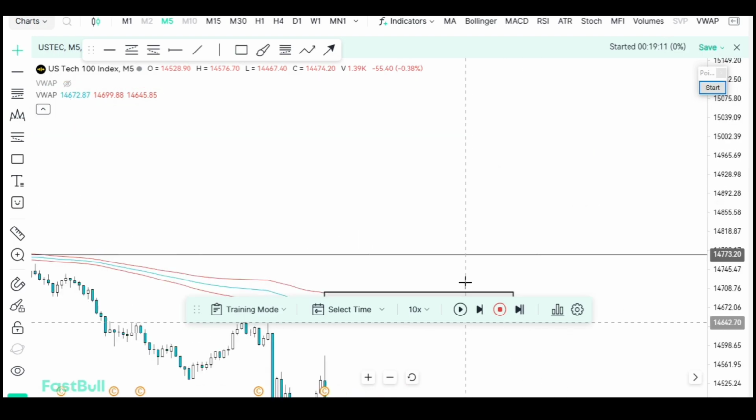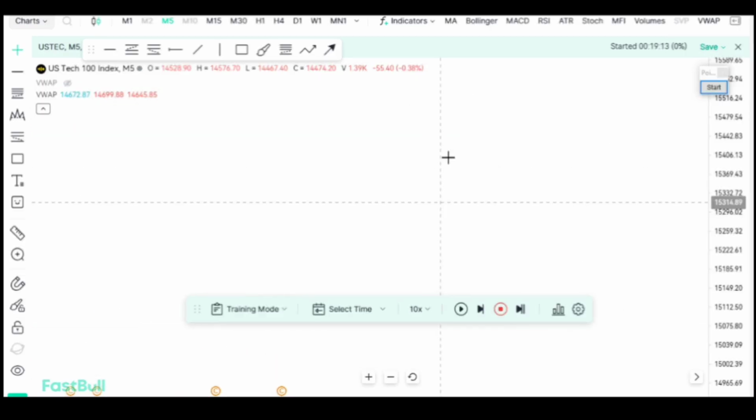But here is a very important rule to remember. For sell setups, the drawn zone must be below the daily open line, and the price must be below the zone. For buy setups, the daily line comes first, then the zone above it, then the price above the zone. If the zone is above the daily line while price is below it, do not take the trade. Always make sure the alignment is correct.